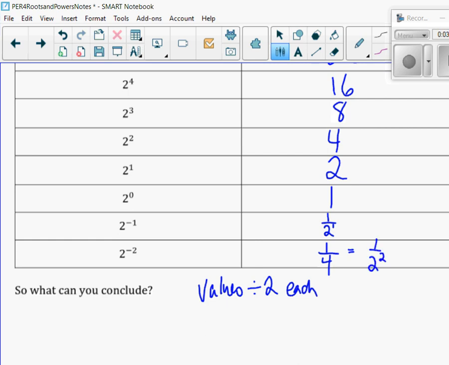So now, can you conclude what the negative exponent is actually doing and why I started off with reciprocals to begin with? Watch this.